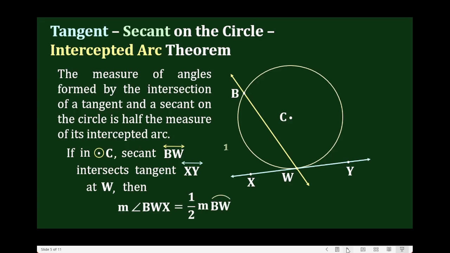For example, suppose the measure of arc BW is 160 degrees. Using this formula, we can determine the measure of this angle as half of 160 degrees, and that is 80 degrees.